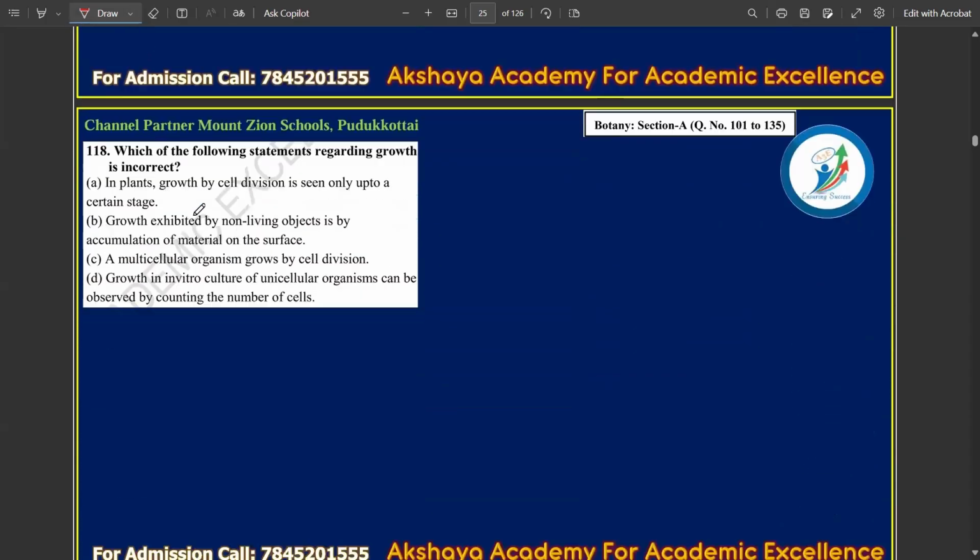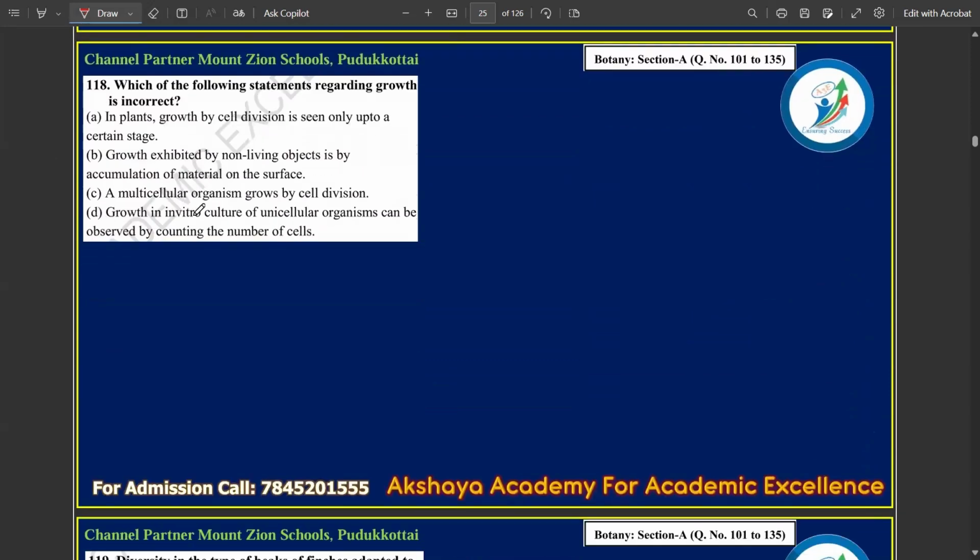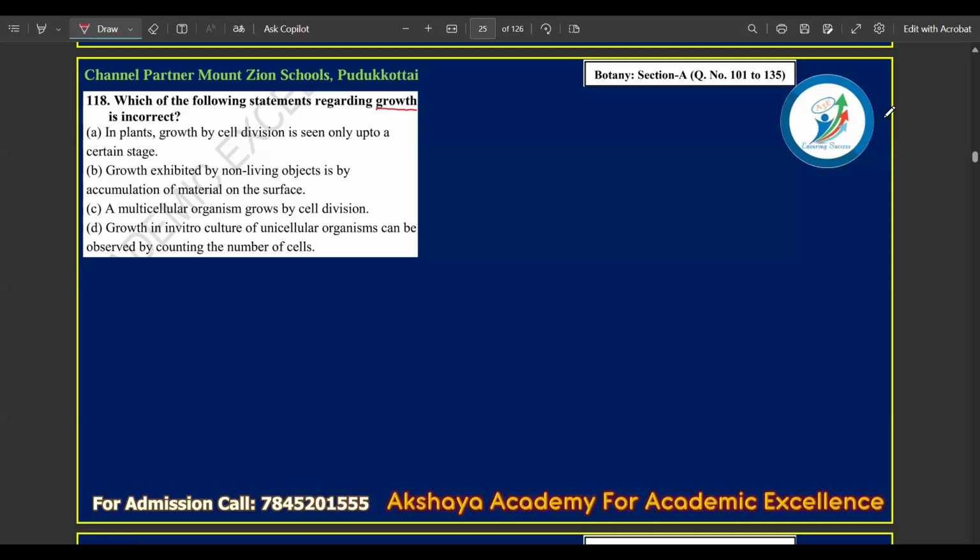Next is question number 118. It says find the incorrect statement. Which of the following is regarding the growth? Let's see first option A. It says that in plants, growth by cell division is seen only up to certain stage.